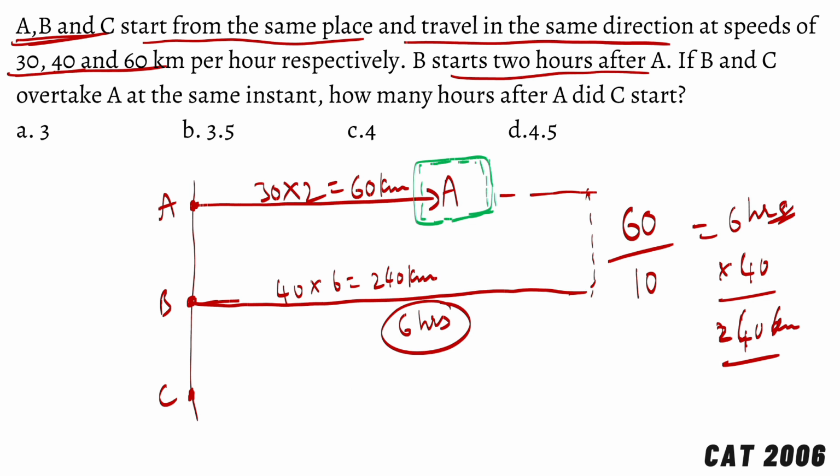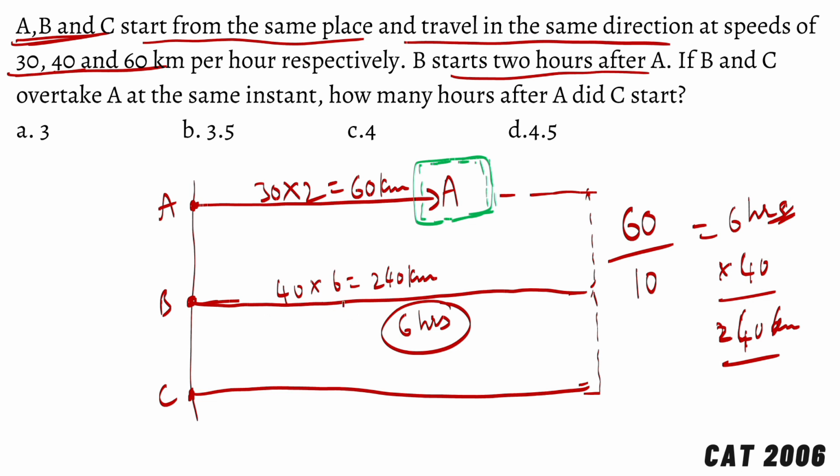In the question it's given that B and C overtake A at the same instant, at the same time. So C must also meet A at this point. But how much time does C take to move to that point? Again, take the relative speed here.